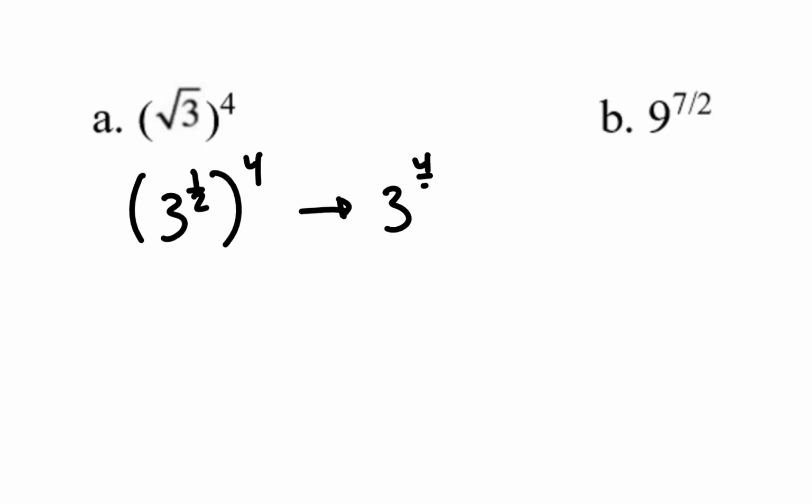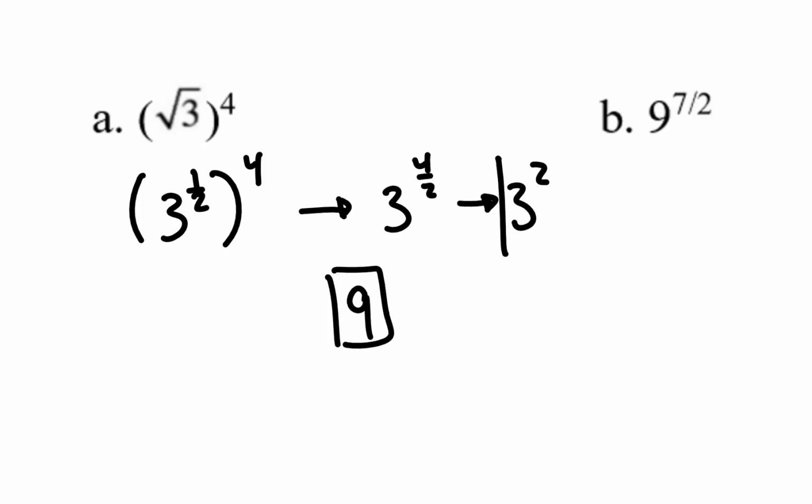So 3 to the 4/2 power, and 4 divided by 2 is 2. So this is 3 squared. If I was to look at that on my calculator, I would get the number 9. So they said just write it in two different ways, but I wrote it in several ways. So the square root of 3 raised to the 4th power is 3 squared, or it's 9.